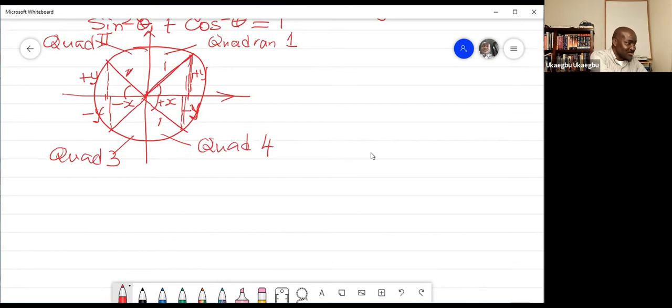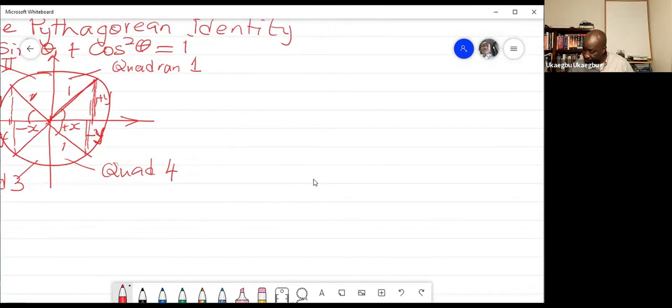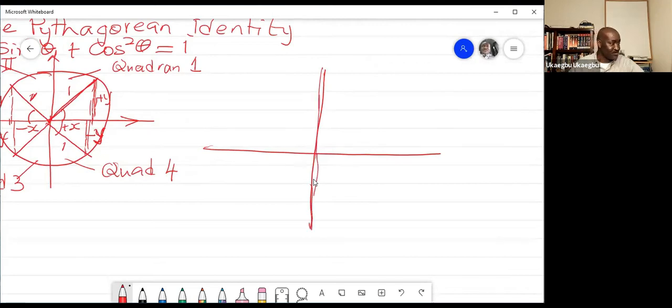So there is a little chart I will give you right now that is going to make everything a lot easier, or you can use it as a reference point. Draw a chart, something like this. In each of these quadrants, I'm going to give you a reference.